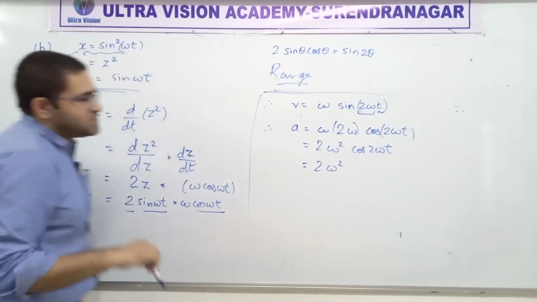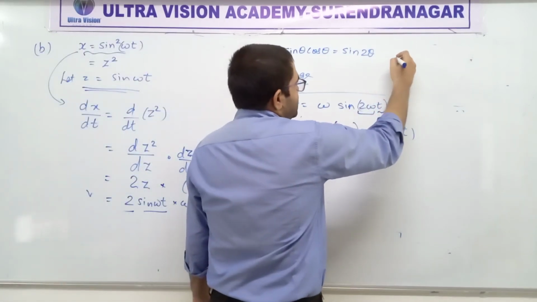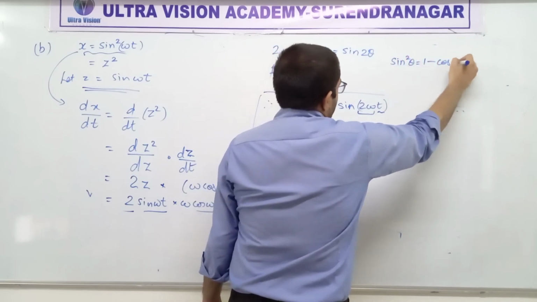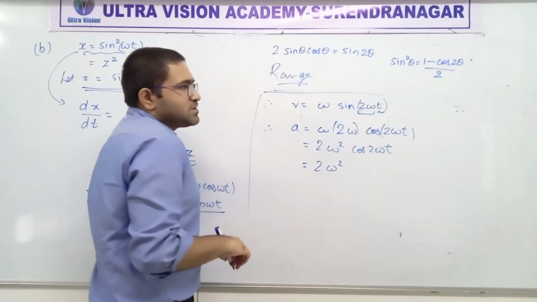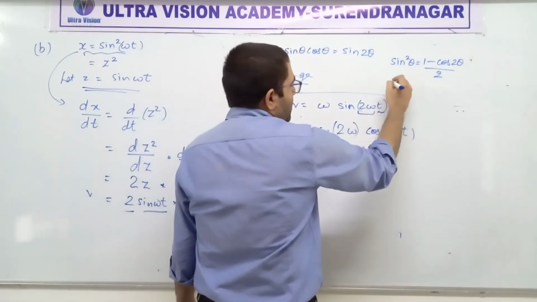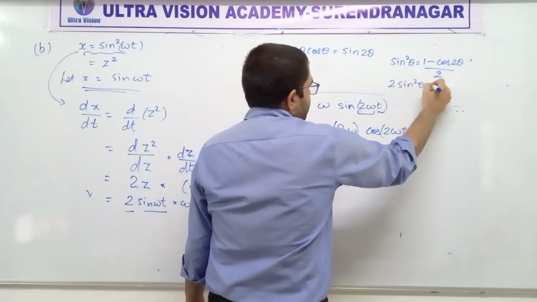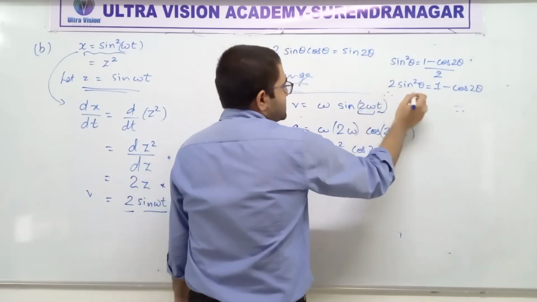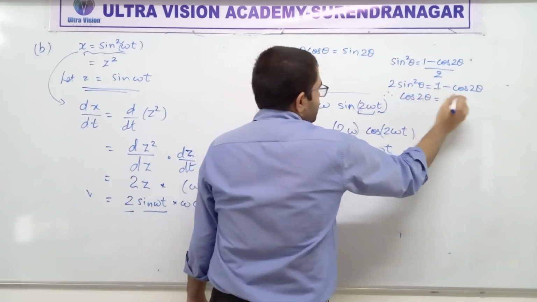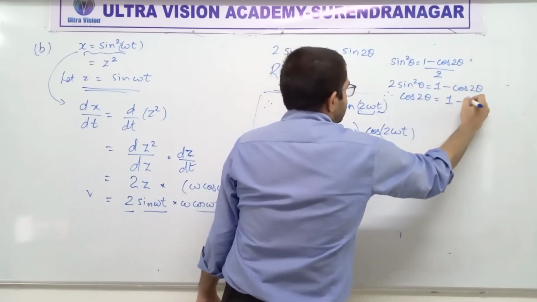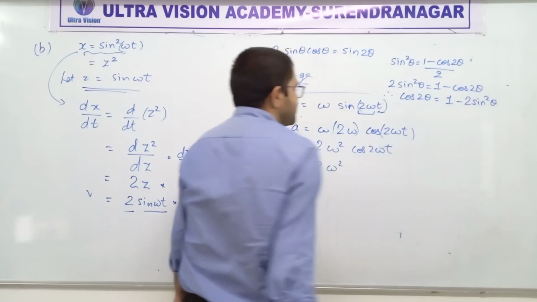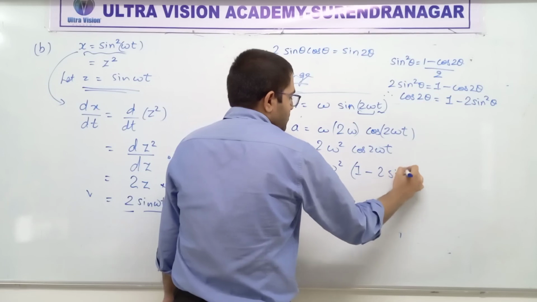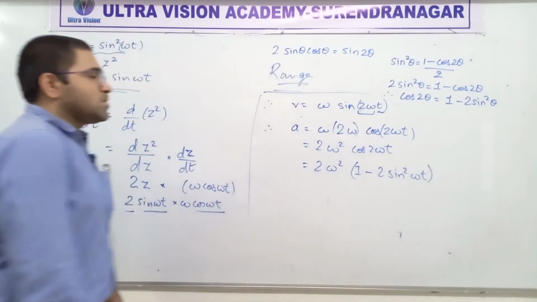This is 2 omega square cos 2 omega t, and now I am going to use that same relation so that we can get it in the form of x. Which relation? This one: sine square theta is 1 minus cos 2 theta by 2. If I use it in a different form, I get the following steps. Okay or not okay?